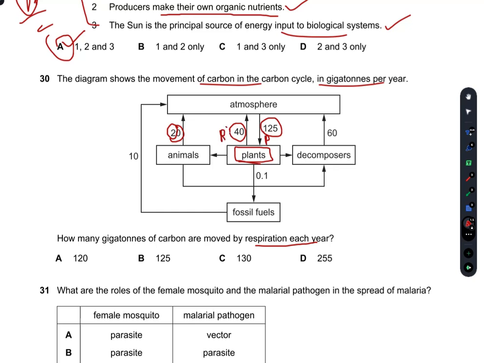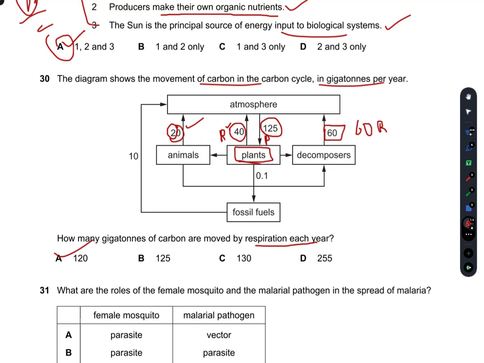So we have 40 and 20, 60, and then these decompose as they respire, and they again produce 60 by respiration, 60 R. So 40 plus 20 plus 60, 120.